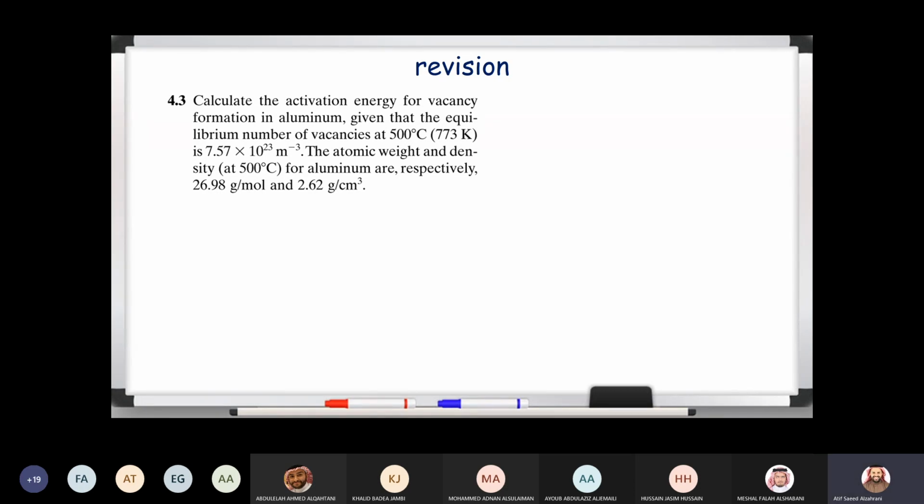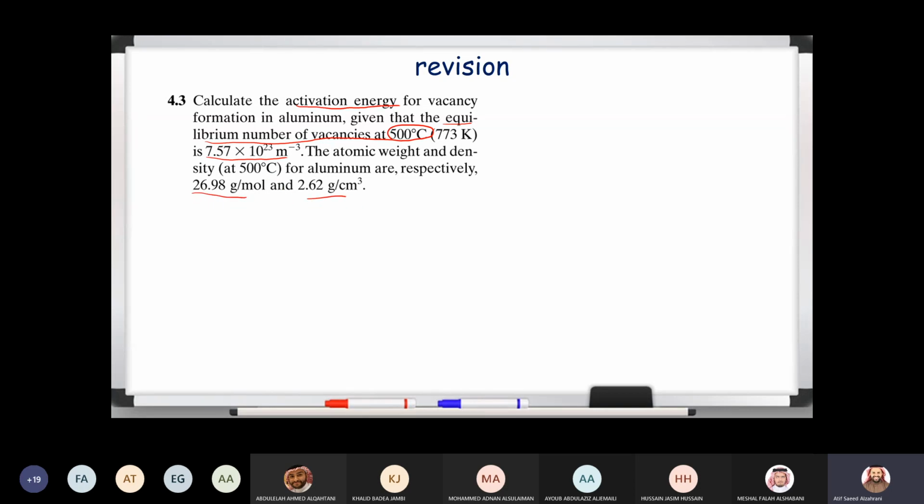So in this example, he's asking you to find the activation energy for vacancy formation in aluminum, given that the equilibrium number of vacancies at 500 C is 7.57 times 10 to the power 23 atoms per meter cubed. He's already given the atomic weight and the density.